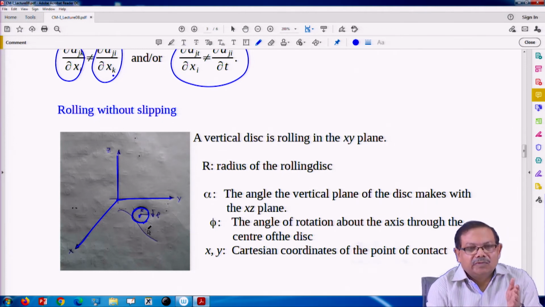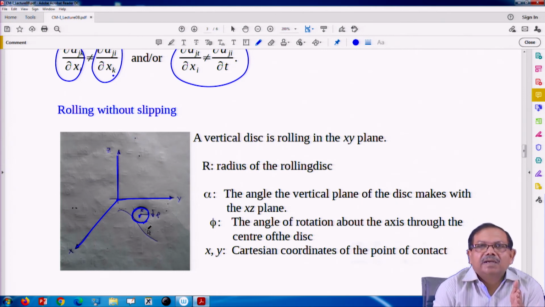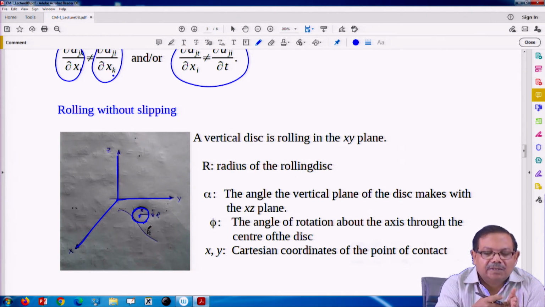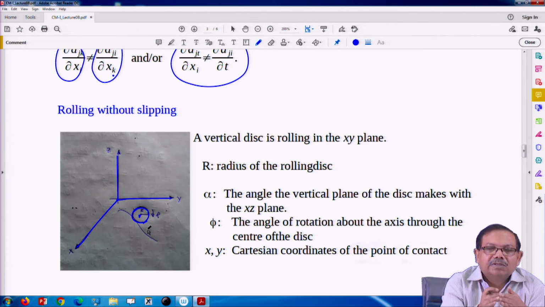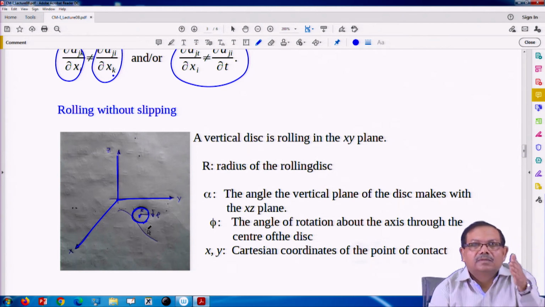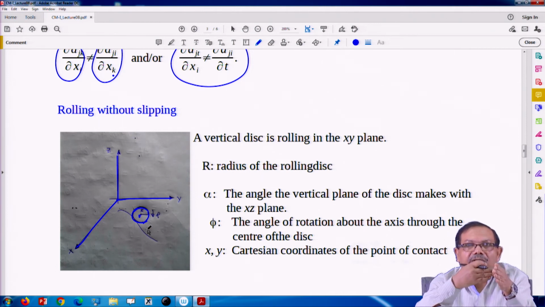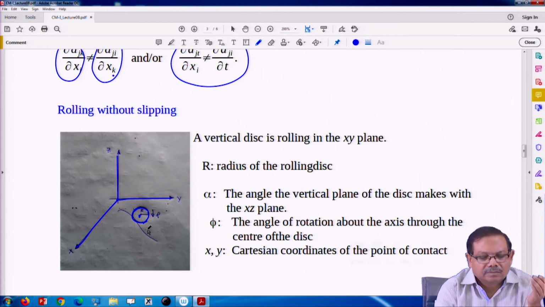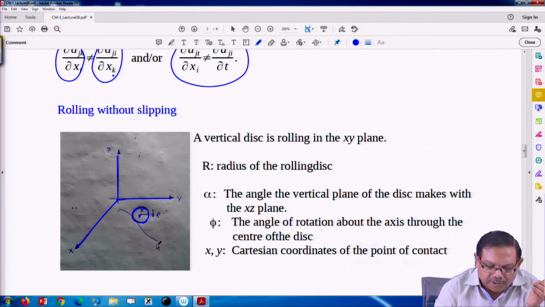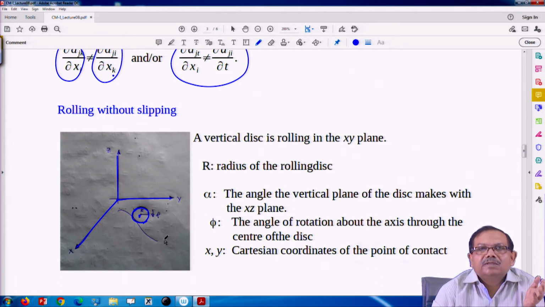The disc is always vertical, but it can make some angle either with the xz plane or the yz plane. So, this is the xz plane and this is the yz plane. So, this is the coin and it can make some angle with the xz plane as well as the yz plane. So, it could be neither in the xz plane nor in the yz plane, as it is moving on a curved path. So, in a fixed coordinate system, it will make some angle with the xz plane or yz plane.